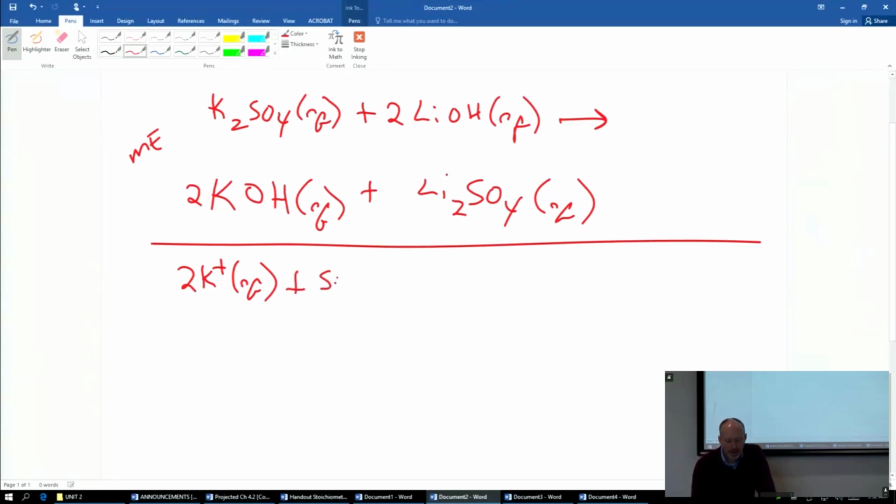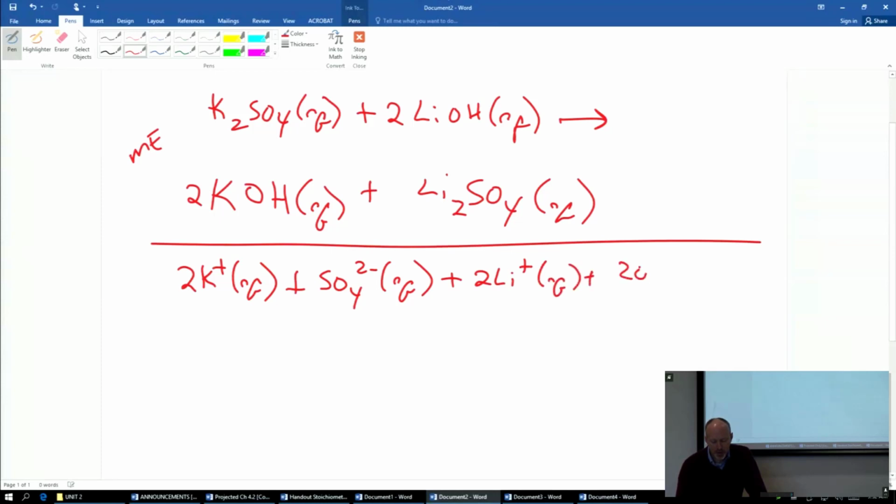Plus SO4 2 minus aqueous. Okay, we broke up the first piece. Second piece. The 2 of the lithium hydroxide defines both of the pieces that will follow. 2Li plus aqueous plus 2OH minus aqueous. At this point, I have maintained mass and charge balances.